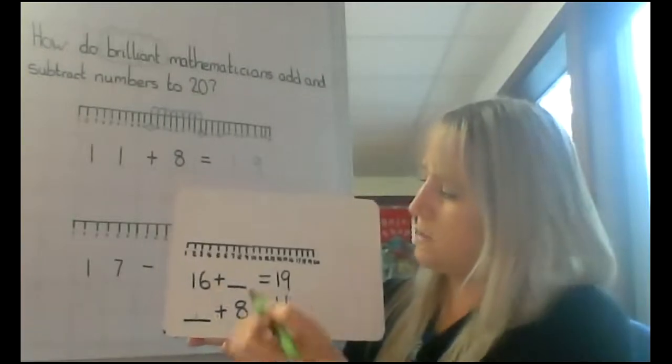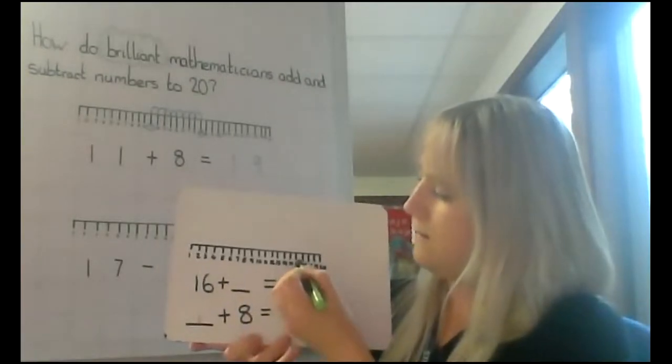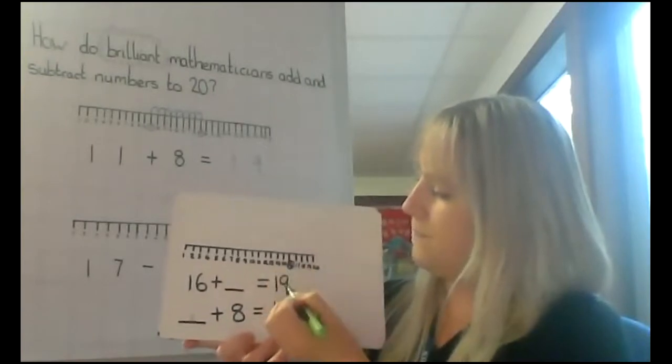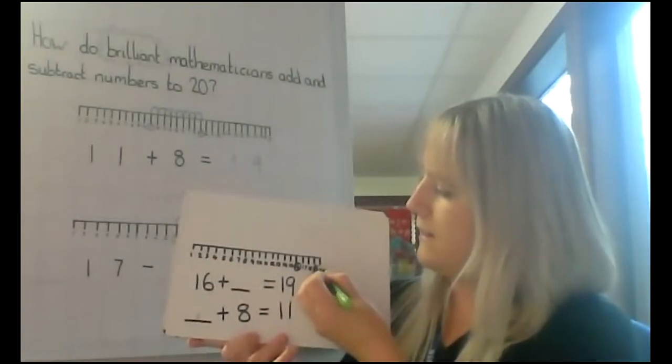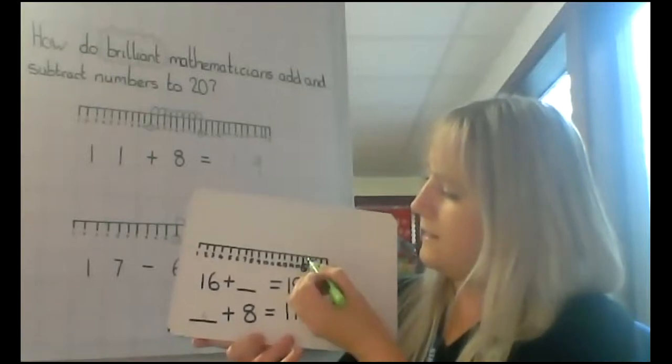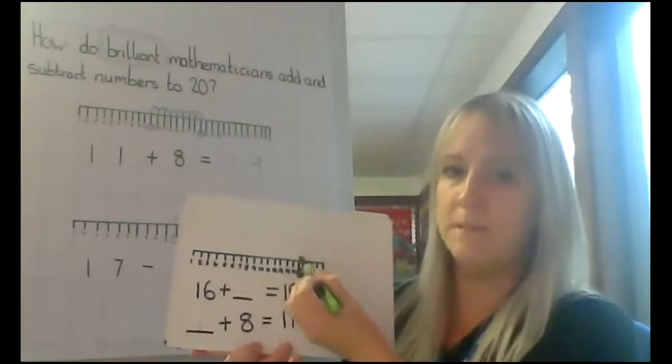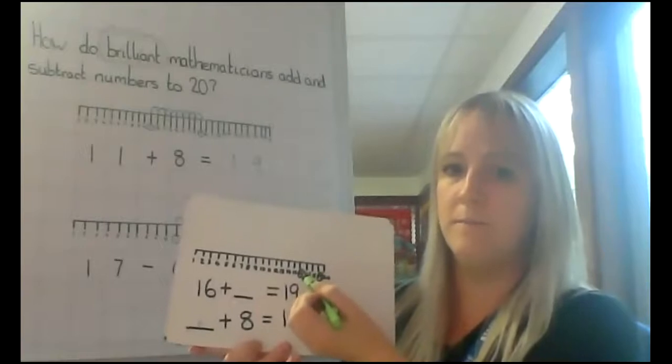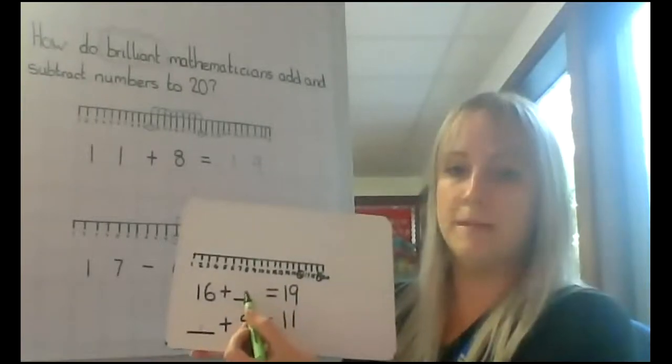So the way that I'm going to do this is I'm going to find 16, I'm going to circle it. I'm also going to find 19 and circle that one. And then I count carefully how many jumps I do between these two numbers.